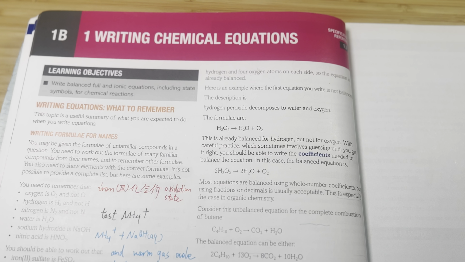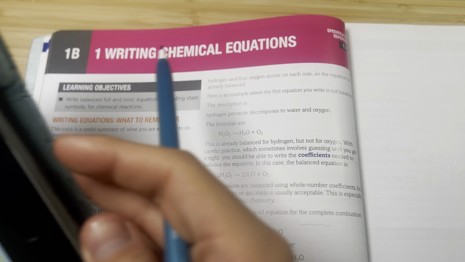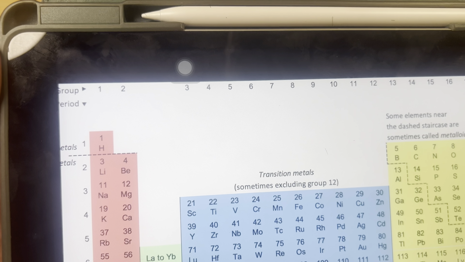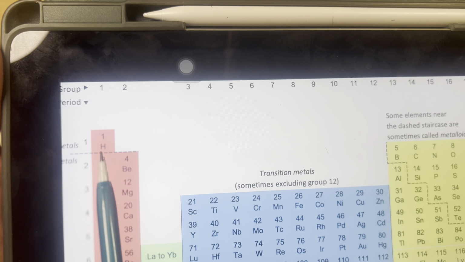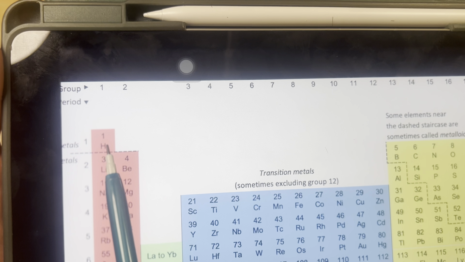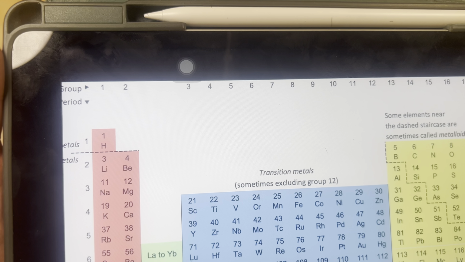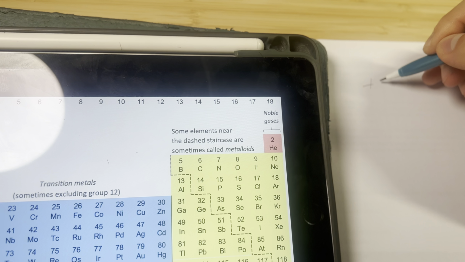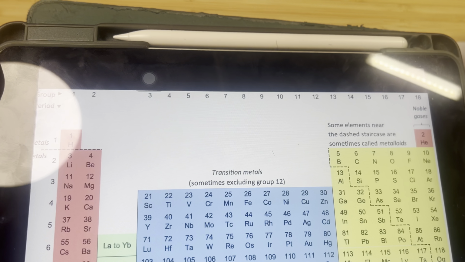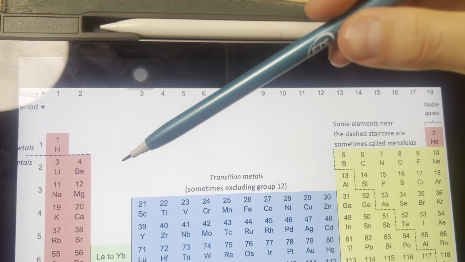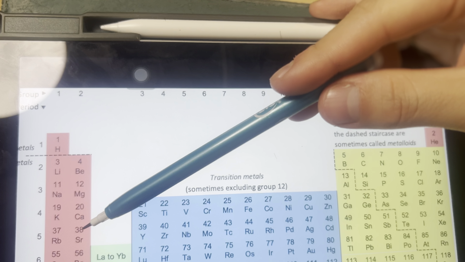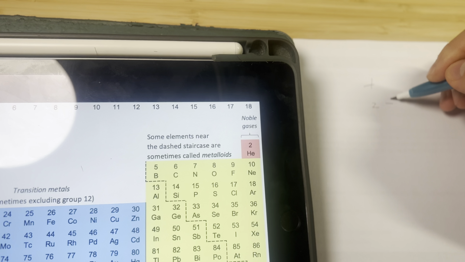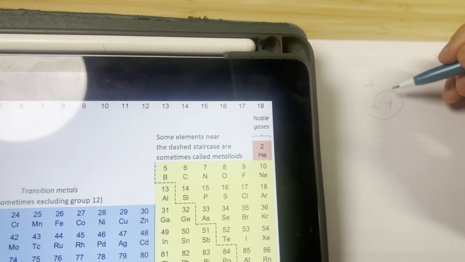But there's a simple rule. In the periodic table, group 1, hydrogen, lithium, and sodium always have a positive 1 charge, and the second group, magnesium and calcium, always have a positive 2 oxidation state, also the charge.